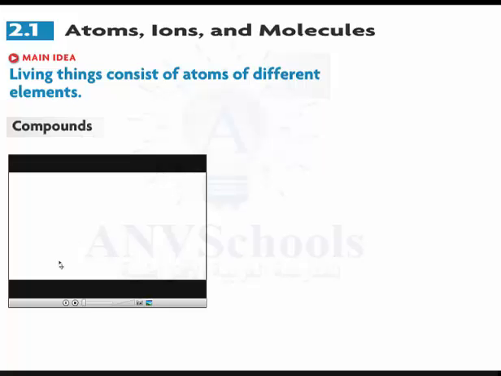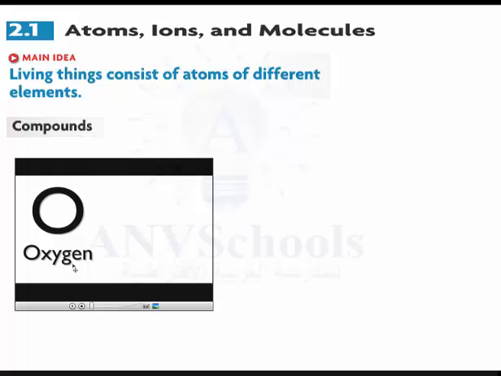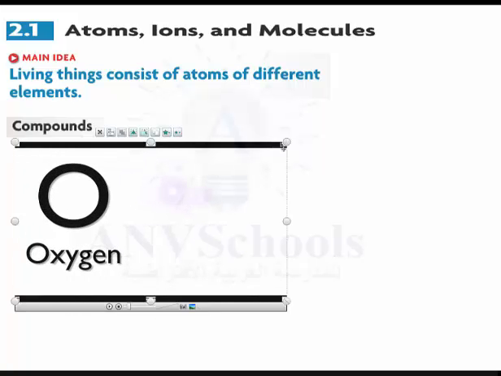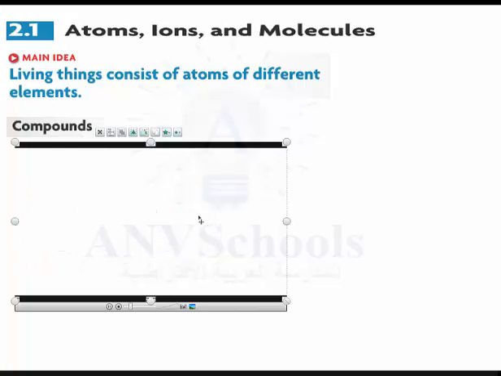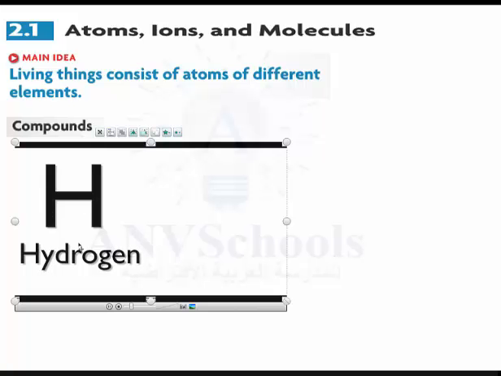This is a compound of water, which is made of oxygen, and here we have oxygen coming together with another atom, which in this case is hydrogen.